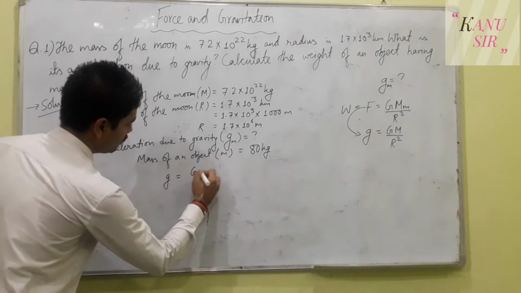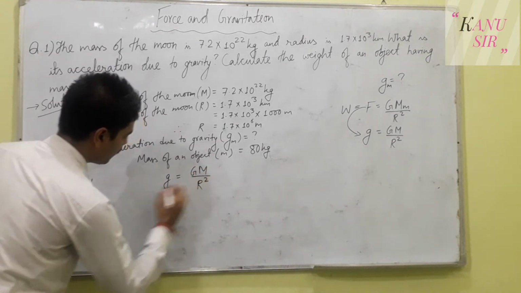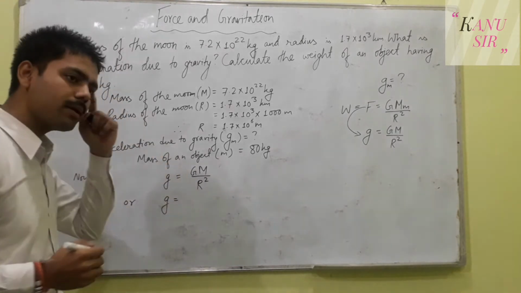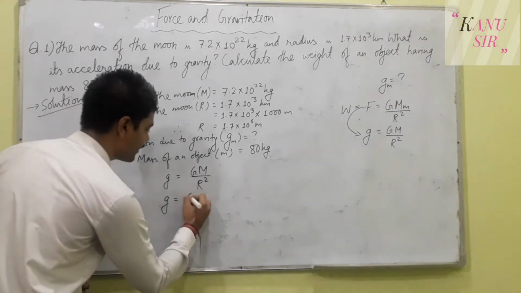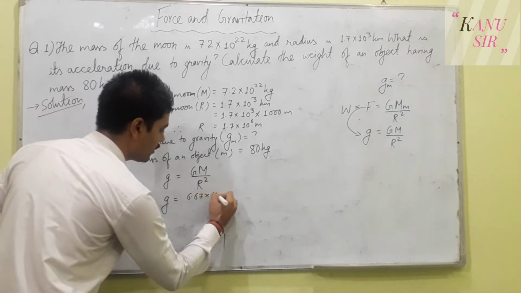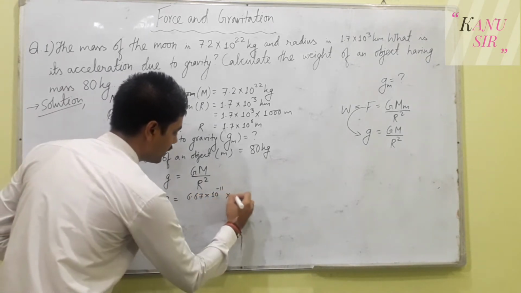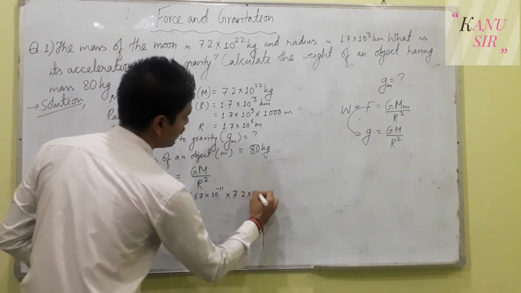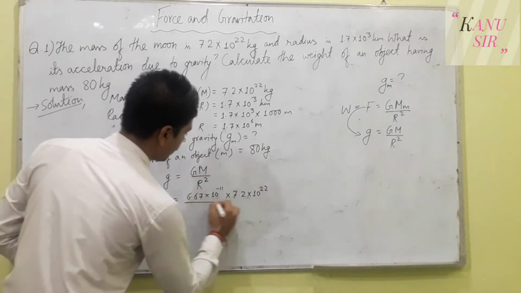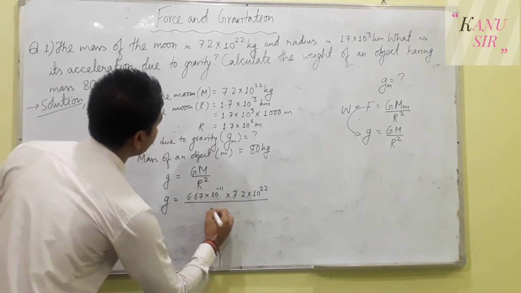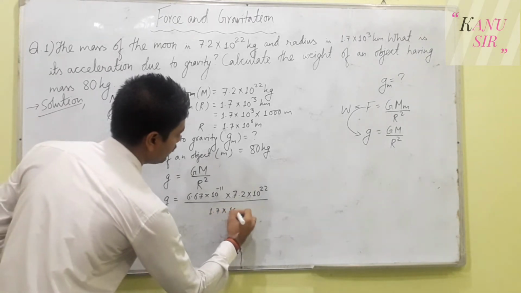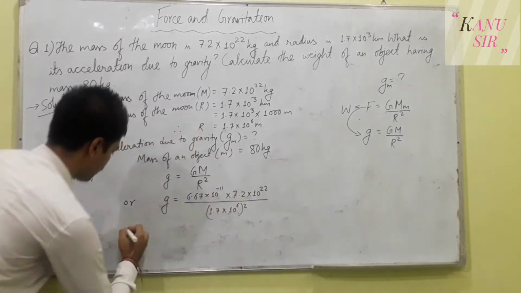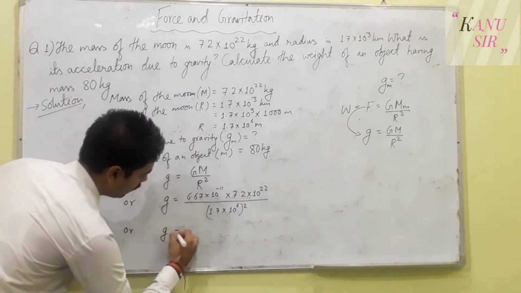Small g is equal to G M upon r square, or g is equal to capital G. You must remember the value of G always, that is 6.67 into 10 to the power minus 11, into mass of the moon 7.2 into 10 to the power 22, divided by r, that is 1.7 into 10 to the power 6 in meters, and whole square.